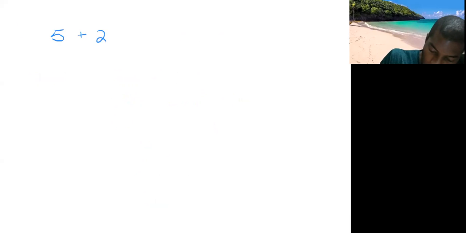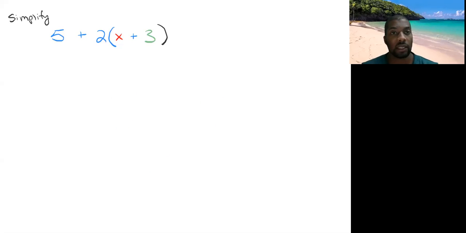Let's try another one. If I had 5 plus 2 multiplied by x plus 3, how would I solve this? How would I simplify it? Well, if I'm going to simplify this, I'm going to start at the very beginning, a good place to start.